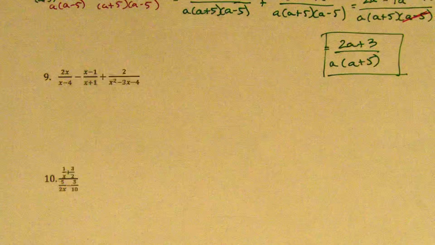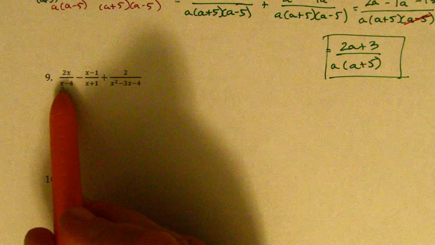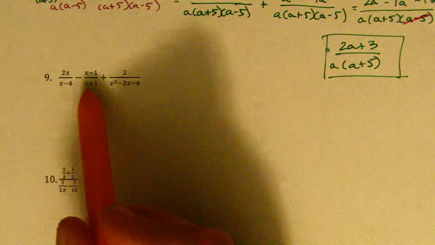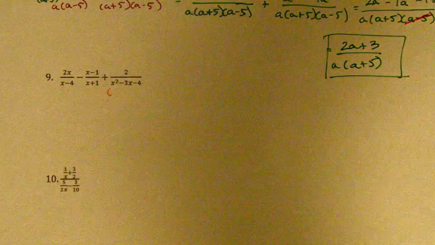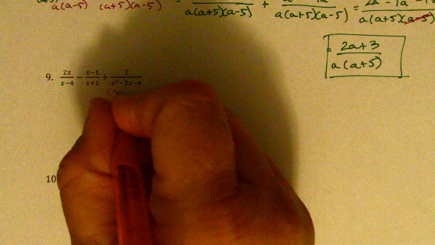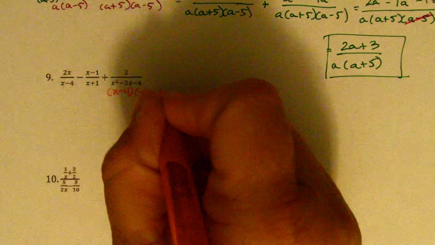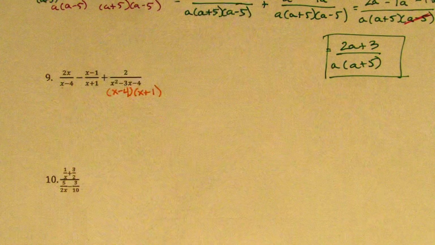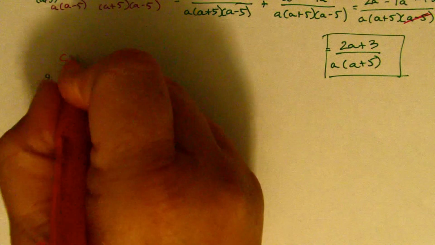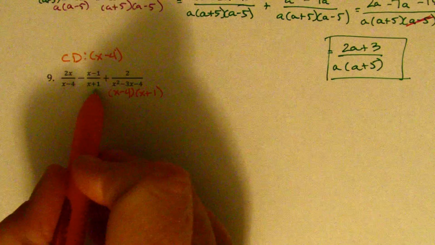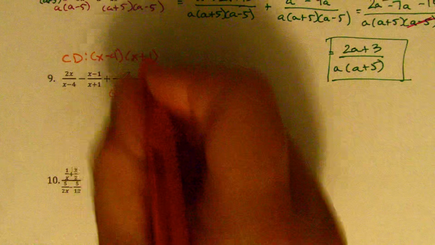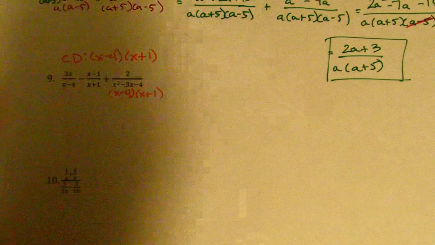Next example here, we want to factor all our denominators. Here, x minus 4 is already factored, x plus 1. I just need to factor this one, and without showing my work for the x method, that would be x minus 4 and x plus 1. So my common denominator needs an x minus 4 and an x plus 1.